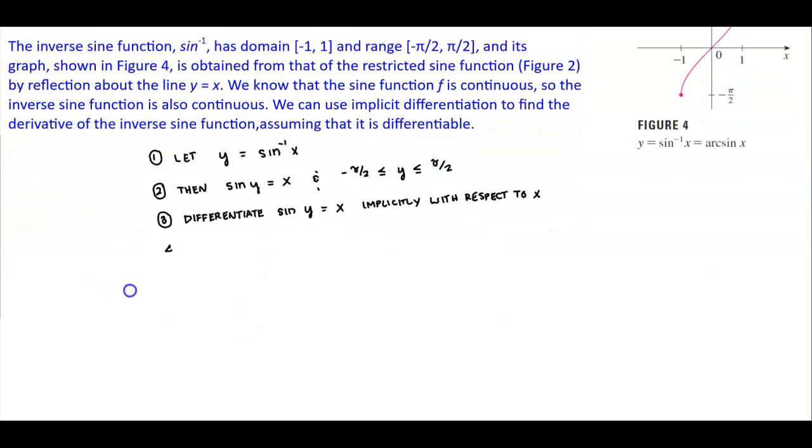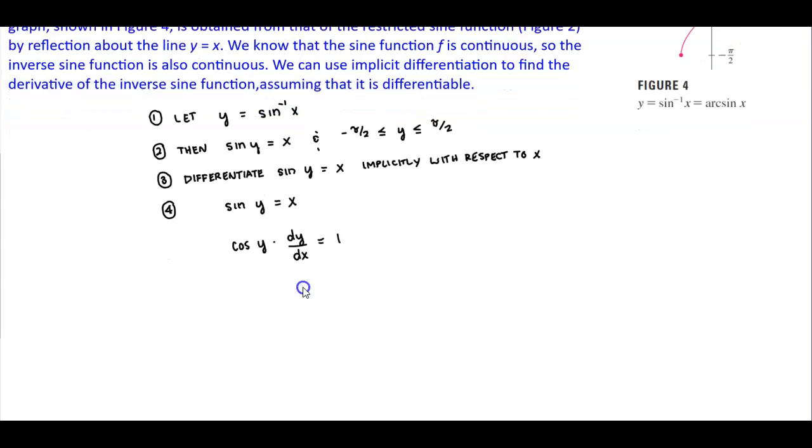If we differentiate the sine of y, which is equal to x, then we get the cosine of y times dy over dx, and the derivative of x is 1. Okay, now if we want to solve for dy over dx, we're going to divide by the cosine of y. So we have dy over dx, which is equal to 1 over the cosine of y.